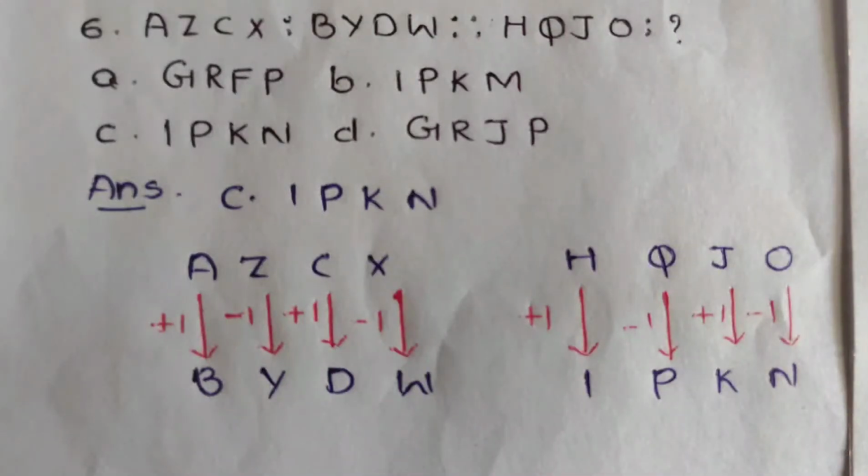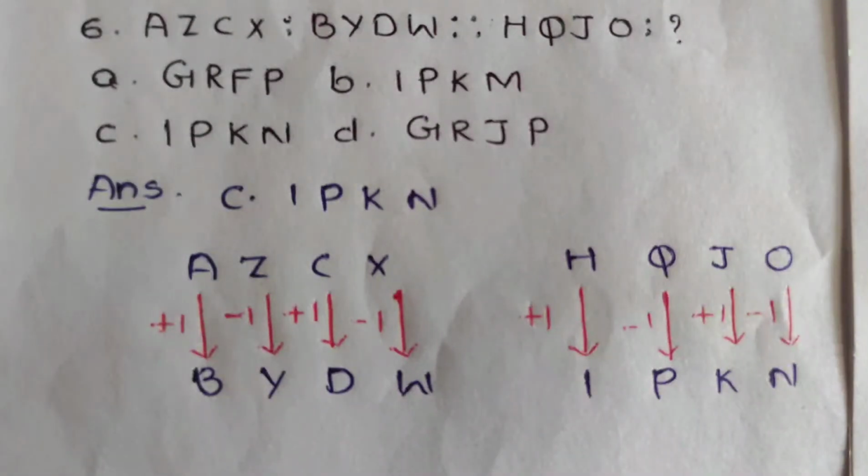So here, while solving alphabet questions, you have to use alphabets numbered from 1 to 26. Then only it will be easy for you to solve these types of questions. So here, using that method, if we add 1 to A, we get B. That is, the number place of A is 1, and if you add 1 to 1, you get 2.